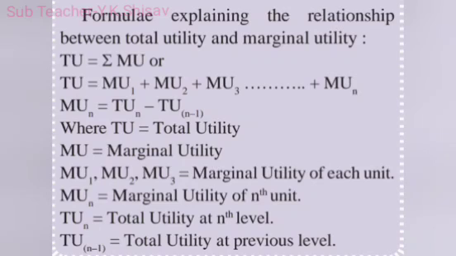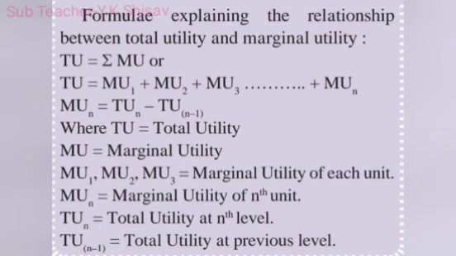N means nth level. So TUn is equal to MU1 plus MU2 plus MU3 and so on up to MUn. That means TU, total utility. Then marginal utility means MU, and symbolically MUn is equal to TUn minus TU(n minus 1). N means nth level.